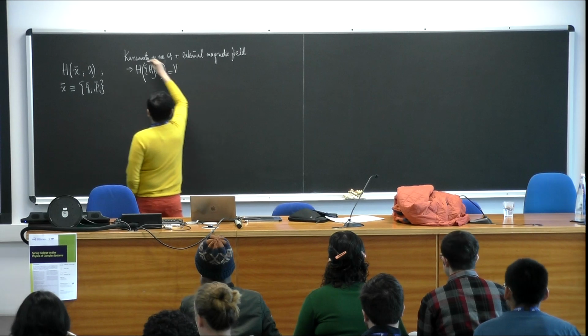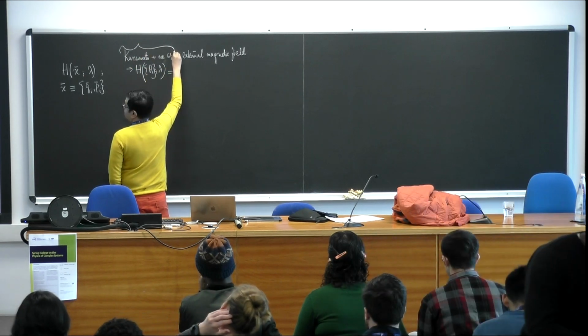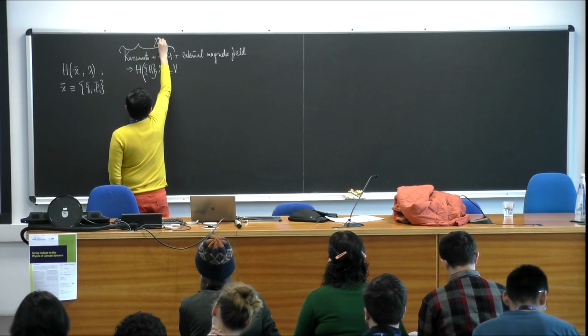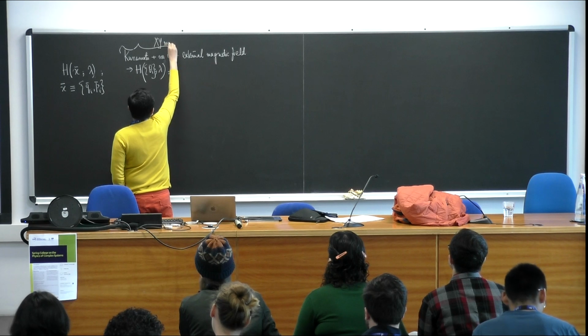As we mentioned, Kuramoto with no omega i is nothing but the XY model of magnetization.